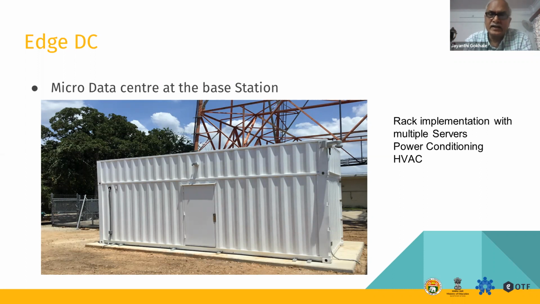There would be multiple servers. It would have internally all that is required for power conditioning and network for communication. There's a backhaul which you can directly connect to the antenna masts which are there. And then even the HVAC is implemented. And all of that typically gives you an opportunity for management in an unmanned manner, right?